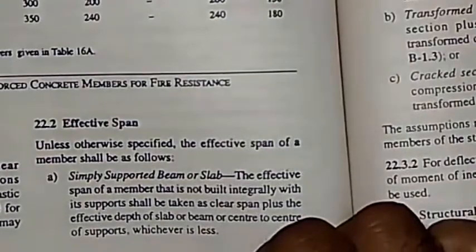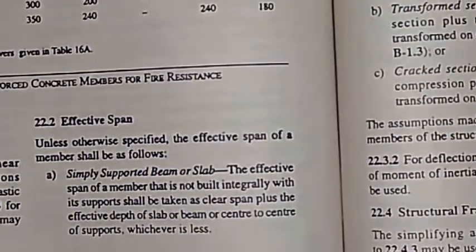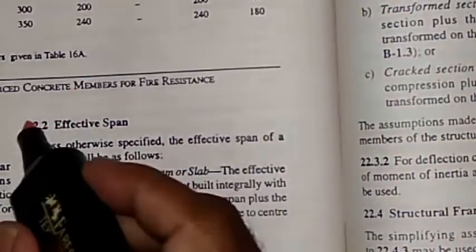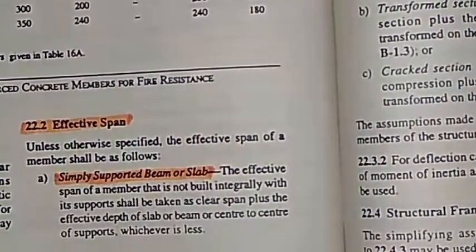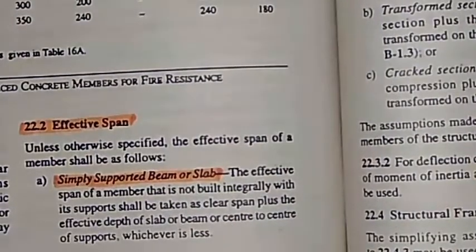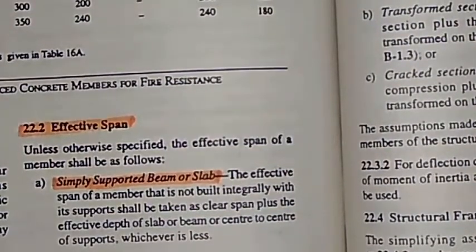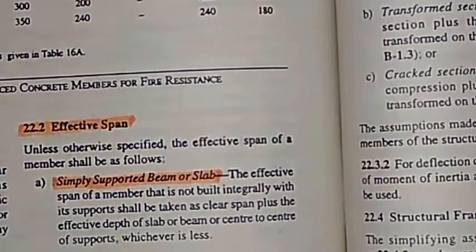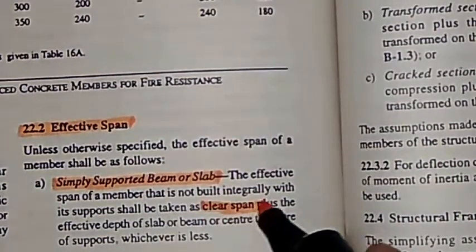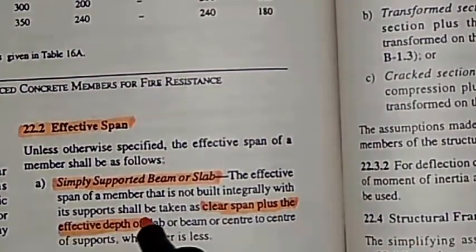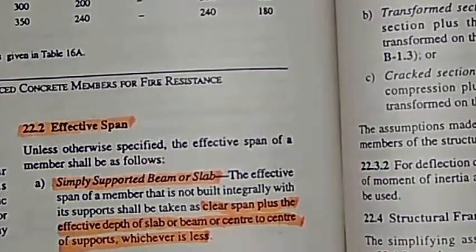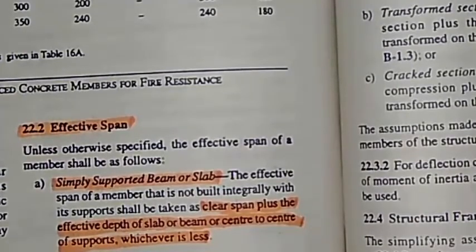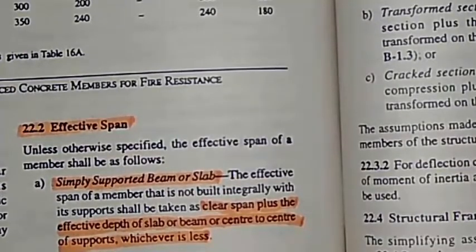This is the clause number 22.2, and it is for the effective span of a simply supported beam or slab. So what does that say? The effective span of the member that is not built integrally with its support shall be taken as clear span plus the effective depth of the slab or beam, or center to center of supports, whichever is less. So out of these 2 points, whichever is less, we'll have to consider that as the effective span.